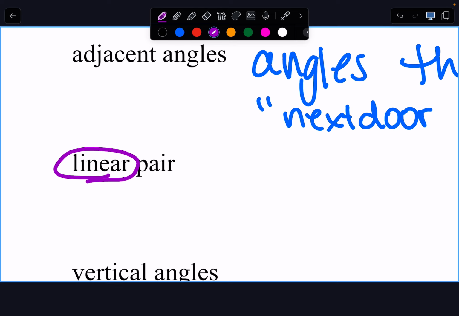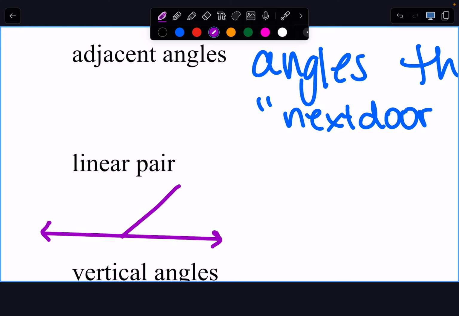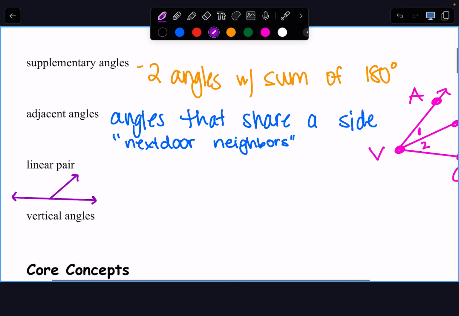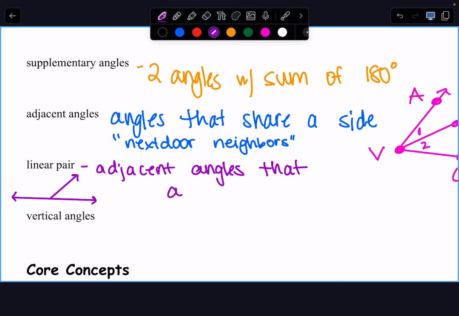Line, okay? Aaron is trying to describe this picture. A linear pair is a set of adjacent angles that are also supplementary. So they're adjacent and supplementary because visually they make a line. Linear pair, two angles that make a line.